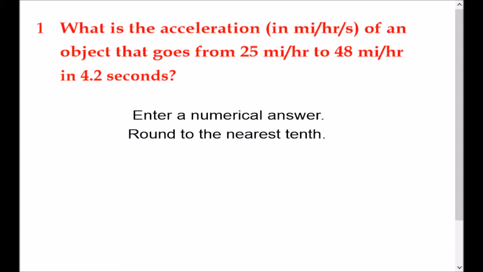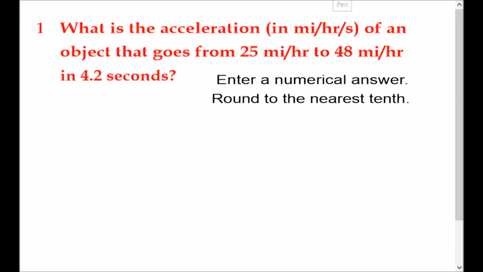Okay, so let's do a sample problem. This problem asks: what's the acceleration in miles per hour per second of an object that goes from 25 miles per hour to 48 miles per hour in 4.2 seconds? As I do problems in physics, it's really important that I go ahead and just write down the givens that have been given to me. That helps me identify the equations. So in this problem, the initial velocity is 25 miles per hour. That's how fast the car is going before it starts accelerating.